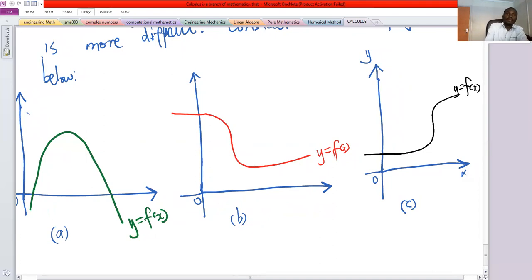Now, let this be the point P. That's another point.